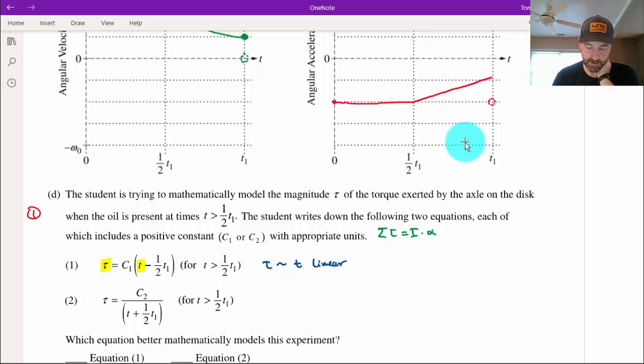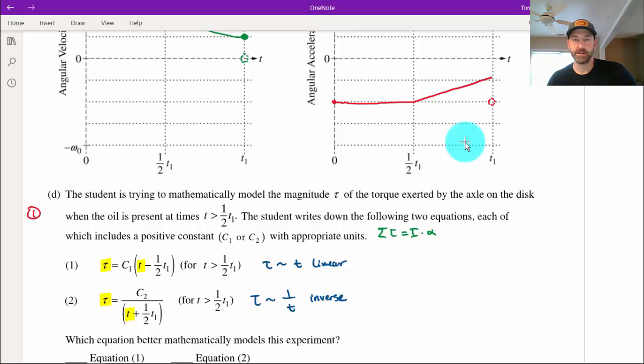And then here we have torque is essentially equivalent to 1 over time because we have time in the denominator. It's time plus some constant and then divided under some other constant, but essentially it's an inverse relationship.